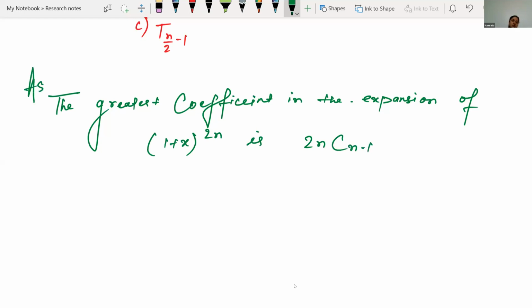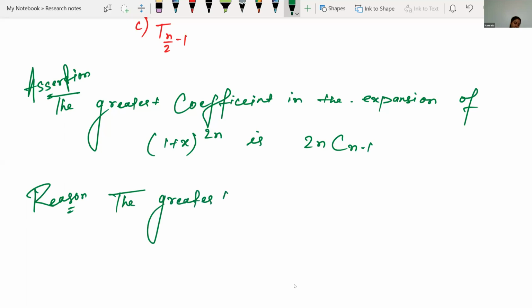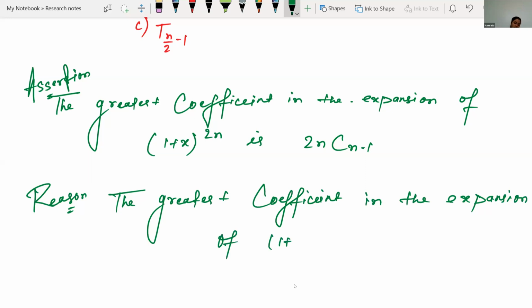This is the assertion, and the reason is: the greatest coefficient in the expansion of (1 + x)^2n is the coefficient of the middle term.